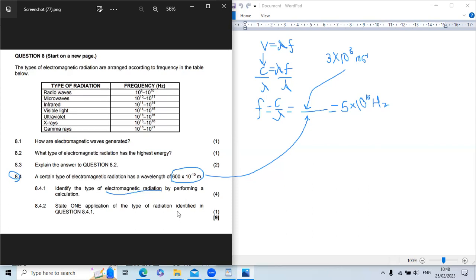And there's also X-rays, which we use to scan our bones. And gamma rays, I don't know any application of gamma rays as of yet, because they're very dangerous to the human body. So I'm not sure about gamma rays.